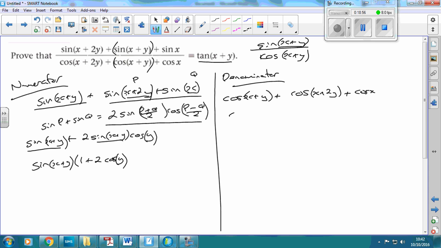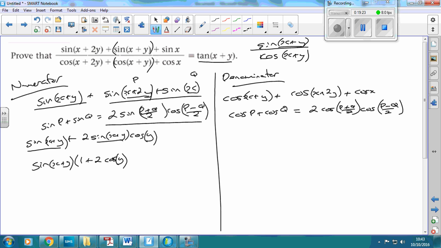Now we know that cos of p plus cos of q equals 2 cos of p plus q over 2 cos of p minus q over 2. So let's see how that works out.